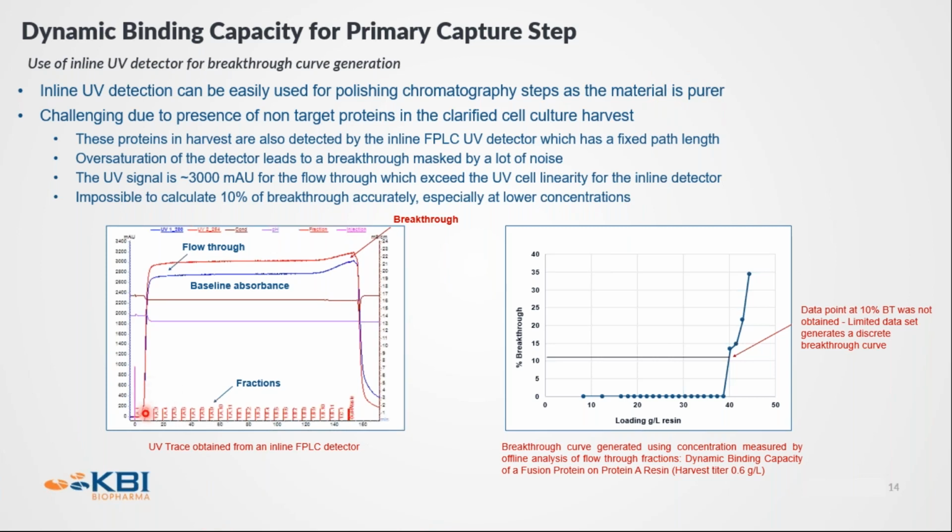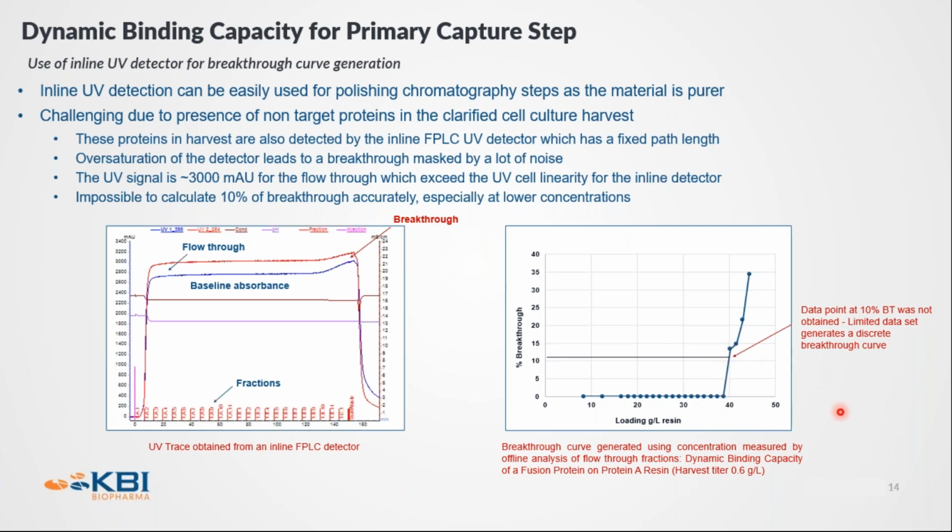So what we do is we collect all these fractions and get them analyzed offline. Then based on the concentration we get, we plot a breakthrough curve. Now you can see here that the fractions were collected and the points jumped from 0% breakthrough to 13% breakthrough immediately.